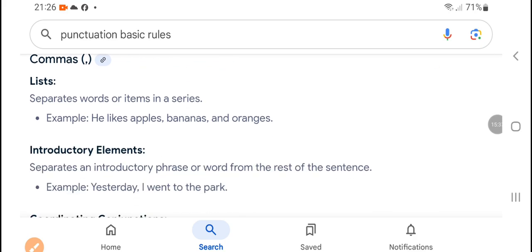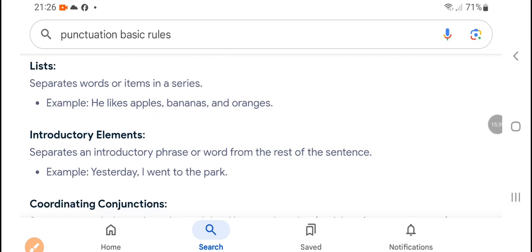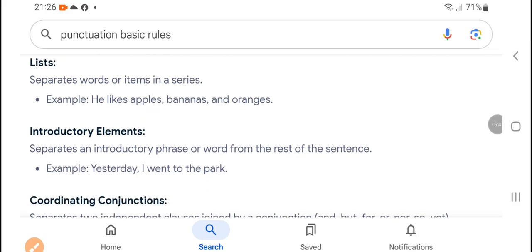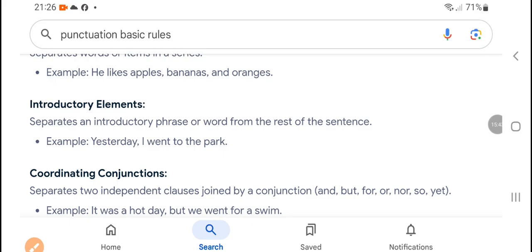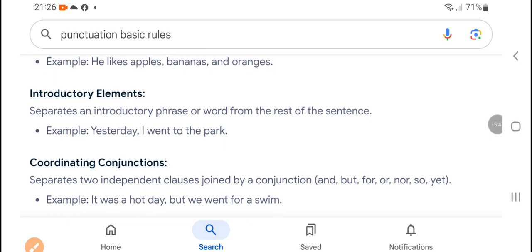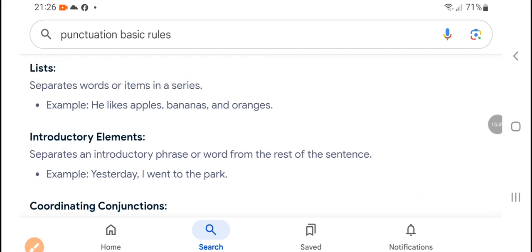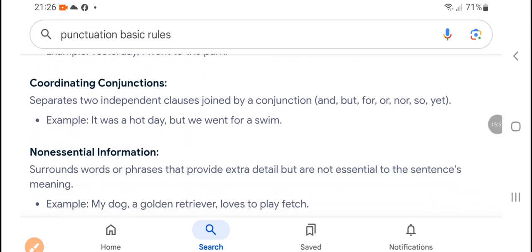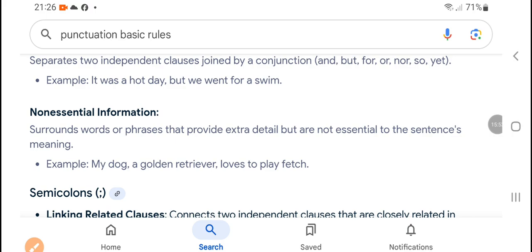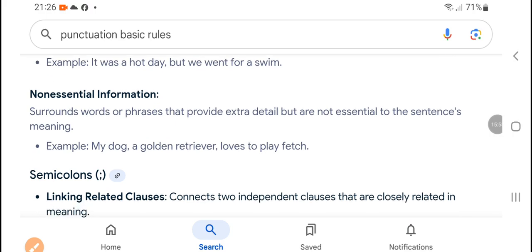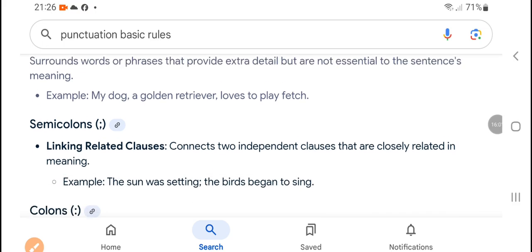Then the comma is for listing, for introductory elements, and for coordinating conjunctions. These are the uses of the comma: three usages we have seen, and a fourth, non-essential information, where extra information is given with commas.